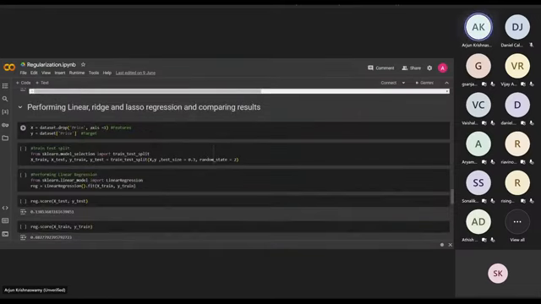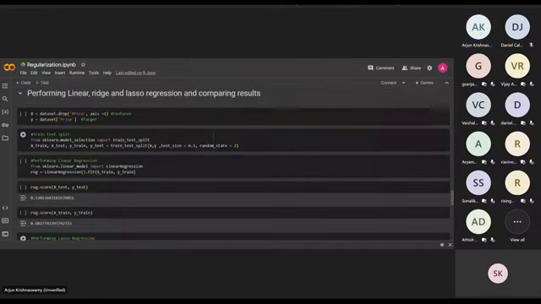Now we perform linear regression, and then we perform regularization on our model to see if the results are better. Here we won't be doing anything from scratch. Everything is done by importing from sklearn. It's extremely simple, in fact just a few lines of code. We split the data set into features and target.